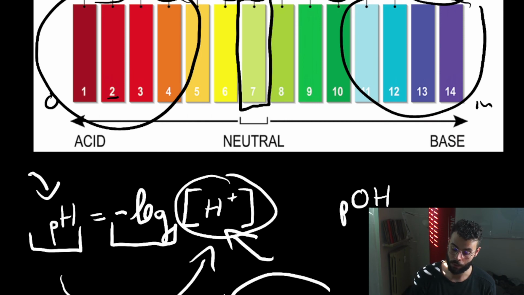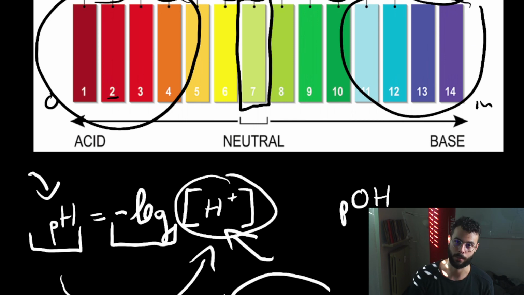So instead of going from 0, which is the most acidic in the pH, it will go from 0, which is the most basic in the pOH scale. Also, because of the equilibrium of water, don't worry about it now. I know it's a big word, equilibrium, and you don't actually know what equilibrium is right now. Just remember the pH and the pOH, when you add them up, will always give you 14.